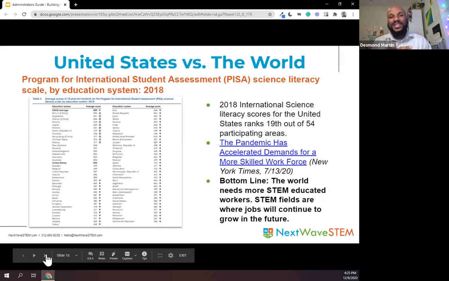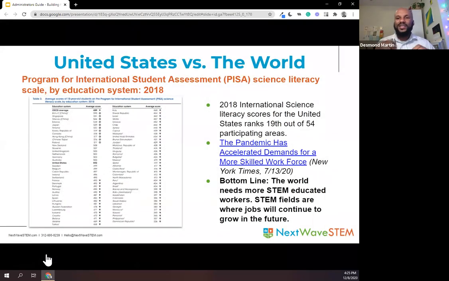And it's important to think about where we stand with respect to the rest of the world. If we think about just science literacy scores in the United States, the PISA, many of us may be a little bit familiar with respect to PISA testing, both science literacy and math literacy. In 2008, we were 19th out of 54th.